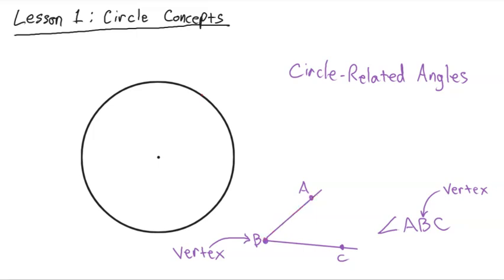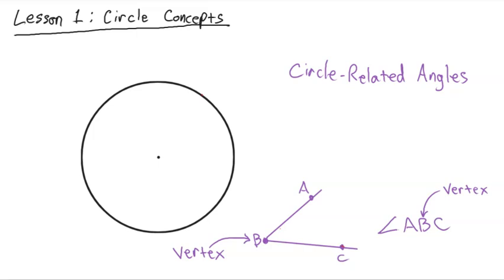And the place where the 2 lines meet up, or the 2 rays or line segments, that's a shared point. This point B is shared by AB and also shared by CB. So where they meet up, that's called the vertex of the angle, okay? And that's sort of where the action happens. That's where the measurement of the angle occurs, okay?